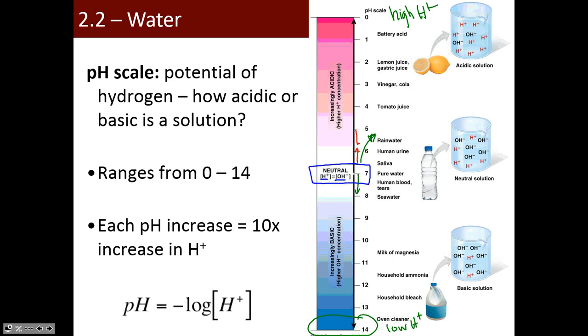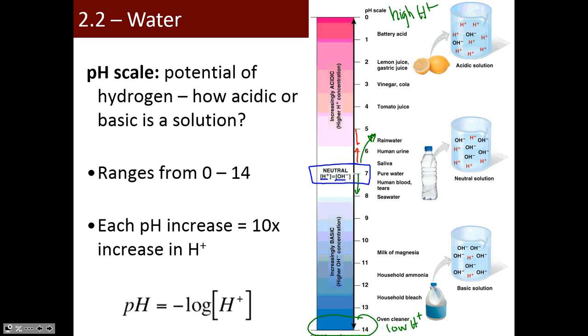Rainwater comes down acidic because it's hitting metals and particulates in the atmosphere on its way down, and by the time it hits the surface or hits vegetation, it's a bit acidic, and it can burn plants and deface buildings. Okay. Seawater, because of the salts contained in it, is a little bit basic.